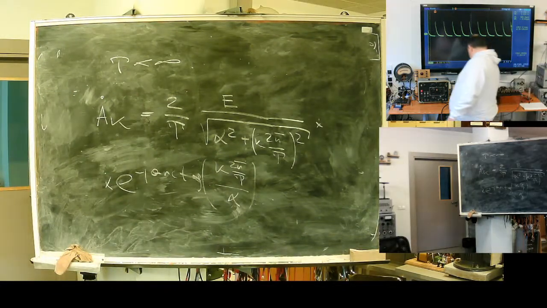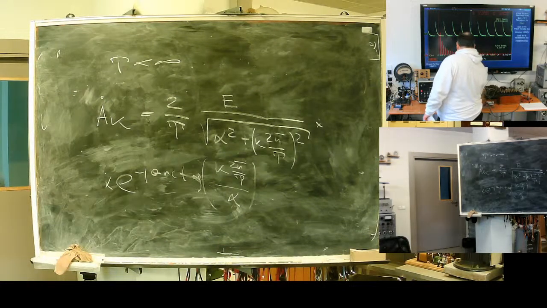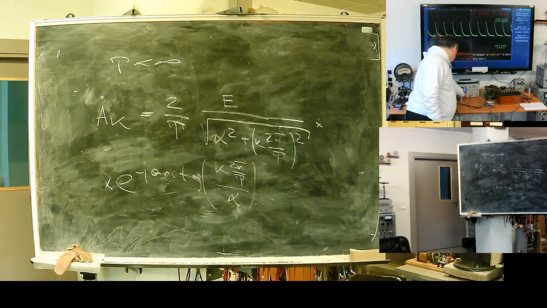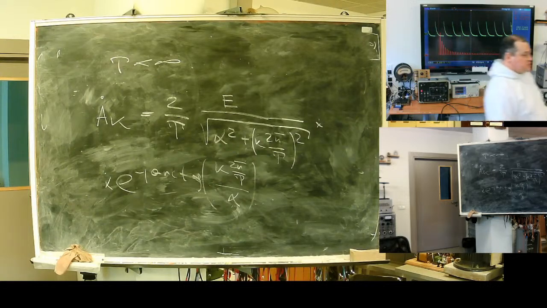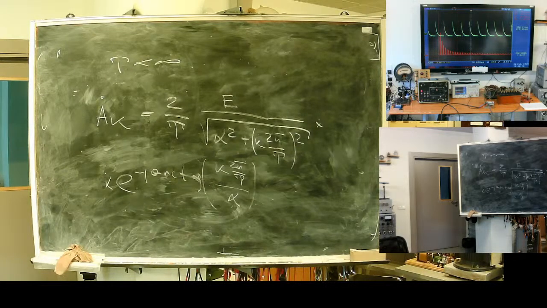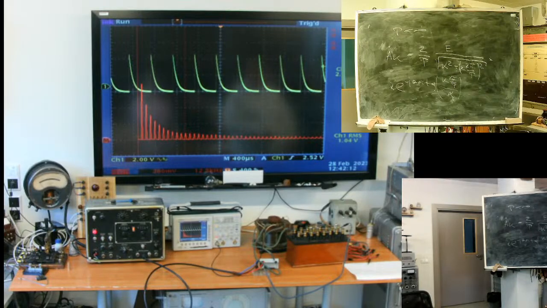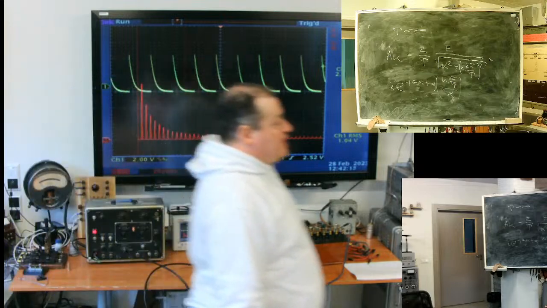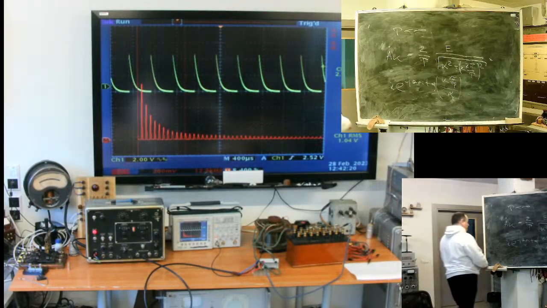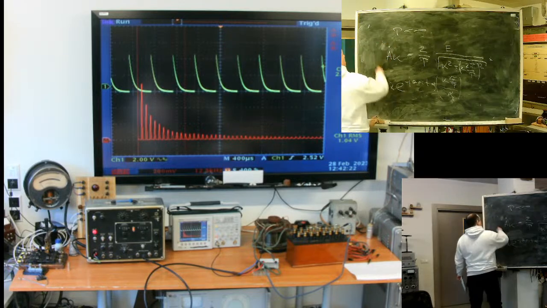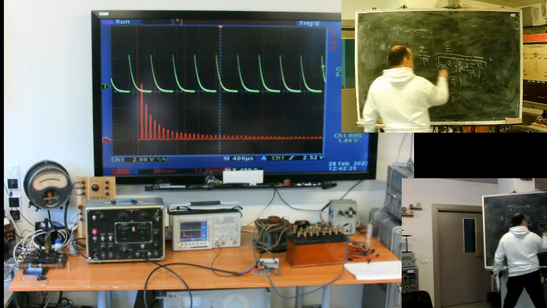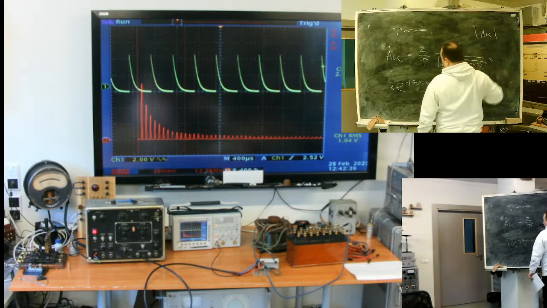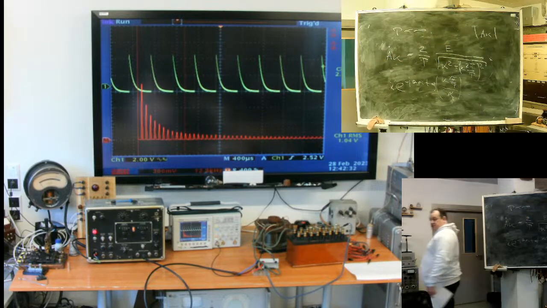My scope is a bit smarter than it appears. Can you see the red line? I will switch. Do you see the red line? It's a result of Fourier transform. This red line, actually this part, is the magnitude of harmonics.